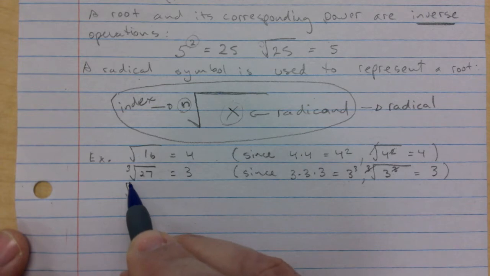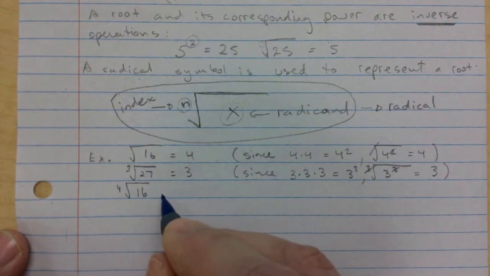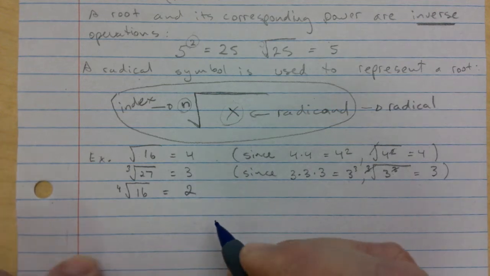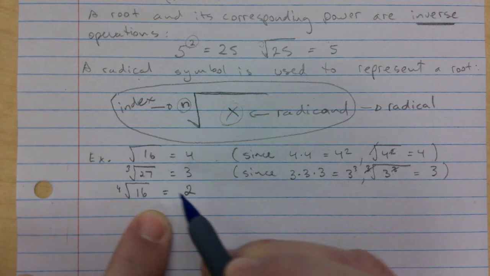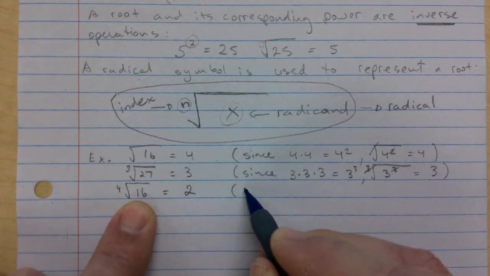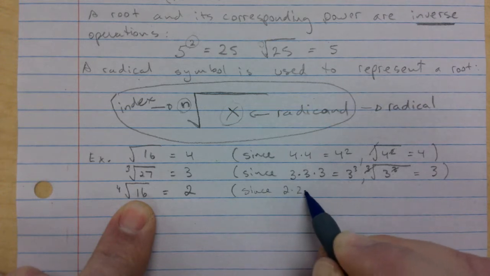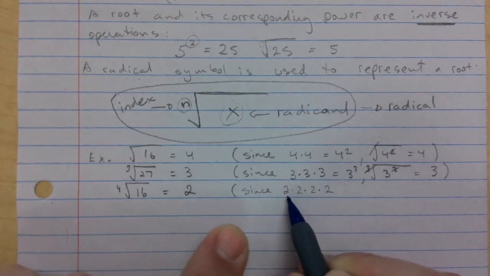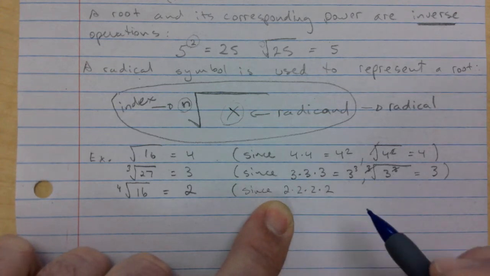And then you have the fourth root of 16, which is 2. Fourth root, you may ask. Yeah, so get used to that, right? That'll be different. And if you wrote the prime factorization of 16, it is 2 times 2 times 2 times 2, because 2 times 2 is 4, times 2 is 8, and another 2 is 16.